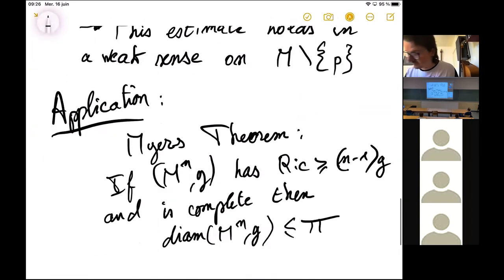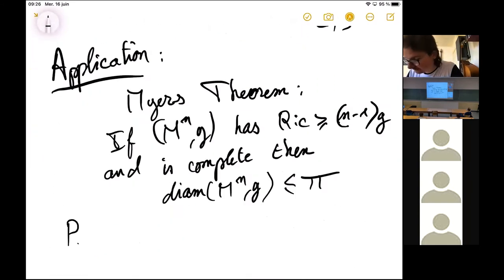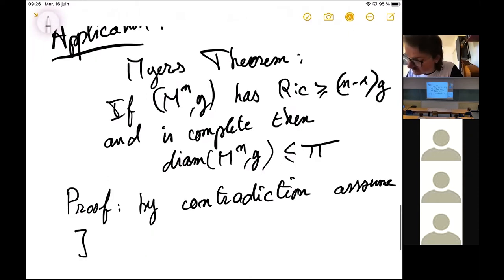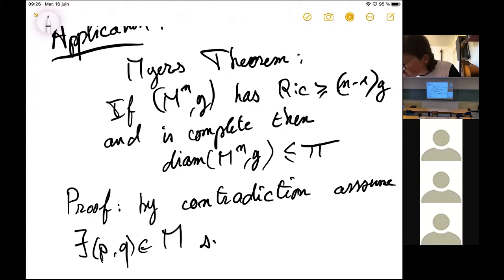Okay, and so how do you prove that? We can argue by contradiction. Maybe it's more clear, though it's not strictly necessary. So assume that you have two points, P and Q, in M, such that the distance from P to Q is greater than pi.